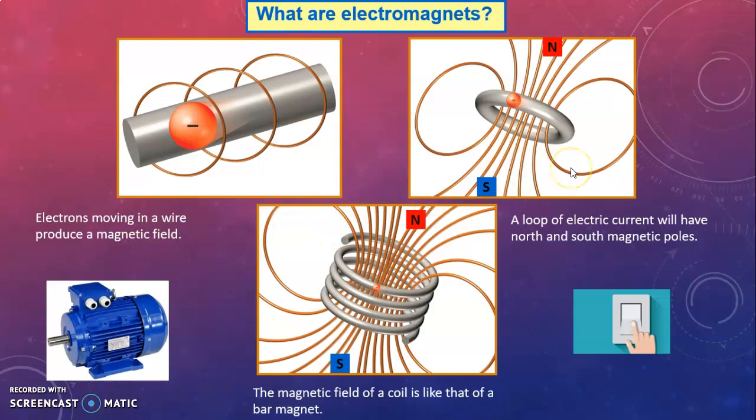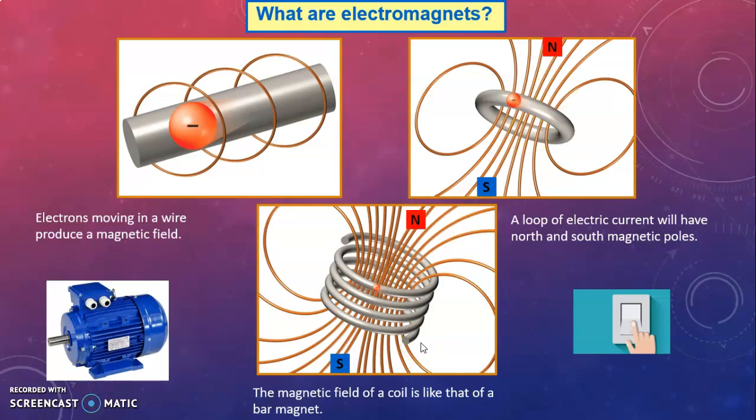Number 2. A loop of an electric current will have north and south magnetic poles. Una bobina that is similar to this drawing of electric current will have north and south magnetic poles. Tienen polos magnéticos que serían el norte y el sur.